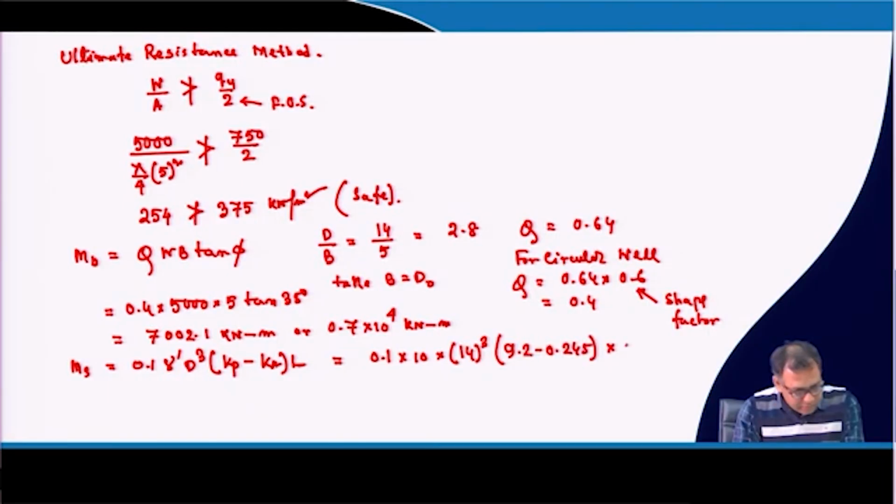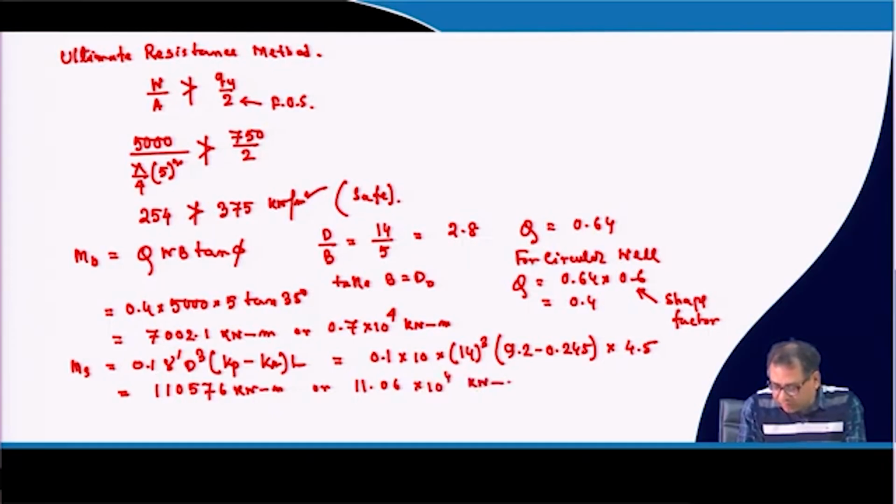Now, L is 4.5 because we have already multiplied that. So, this is equal to 110,576 kilonewton meter or 11.06 into 10 to the power 4 kilonewton meter.